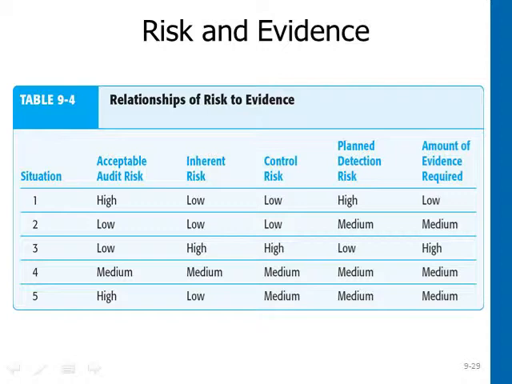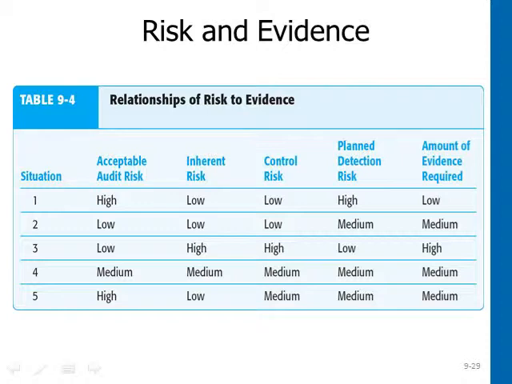If we have control risk that is low, and then high planned detection risk, we will also allow those risk assessments to impact the amount of evidence we require, which under situation 1 and those assessments of those individual risks, we see that the amount of evidence required, our last column out to the right, would be low.